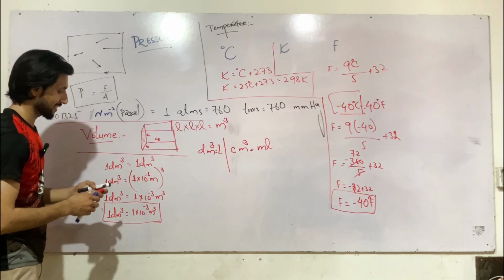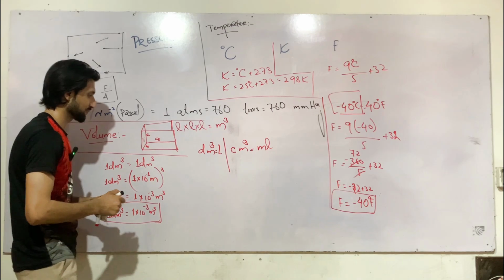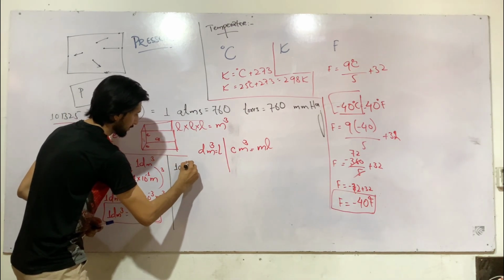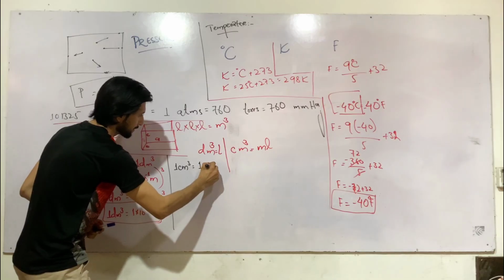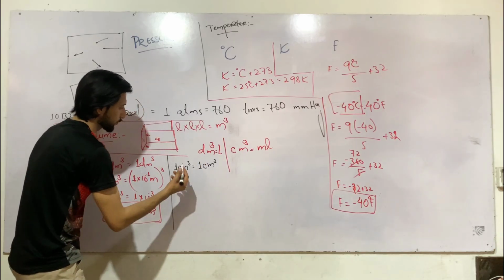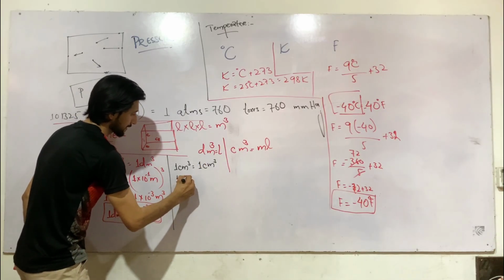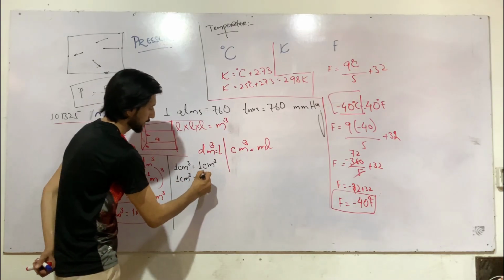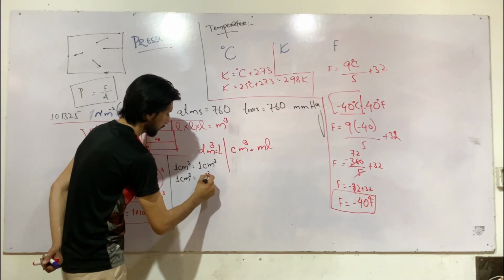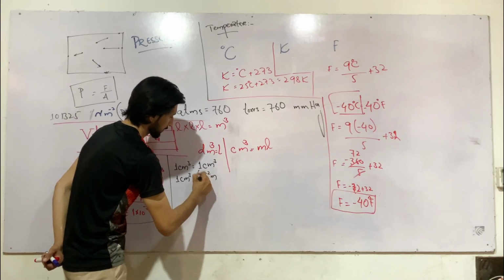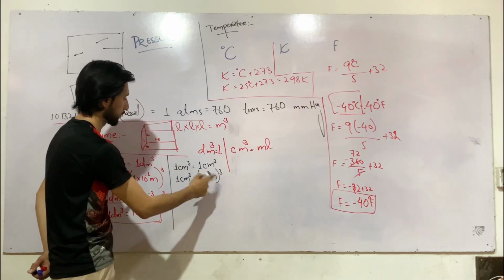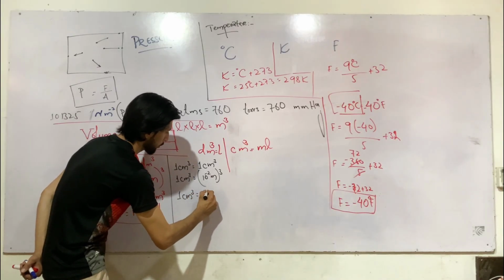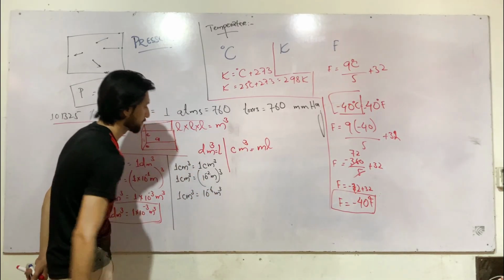Again, I'll start with the same thing, 1 centimeter cube equals 1 centimeter cube. Again, the left hand side remains the same. I'll take the cube on centi. Centi equals 10 to power minus 2, and on meter, I'll take the cube on both. This becomes 1 centimeter cube equals 10 to power minus 6 meter cube.